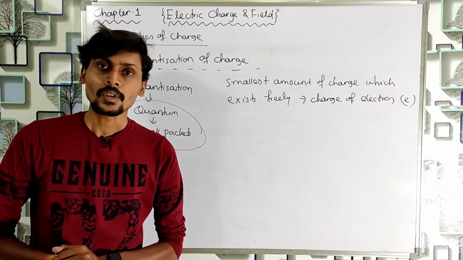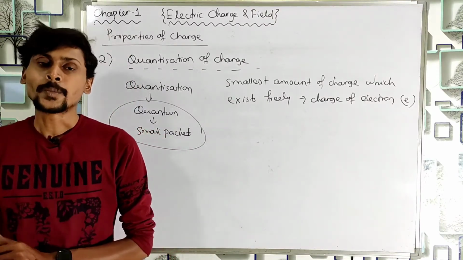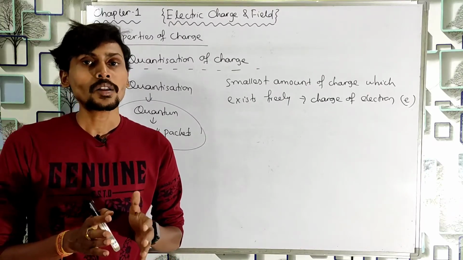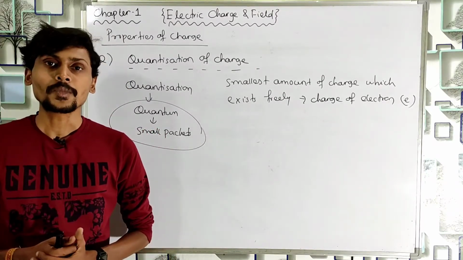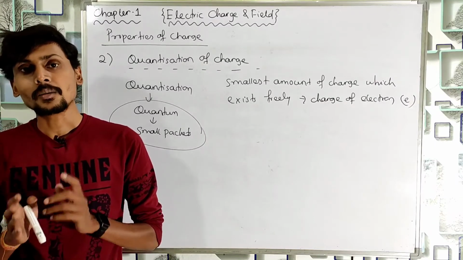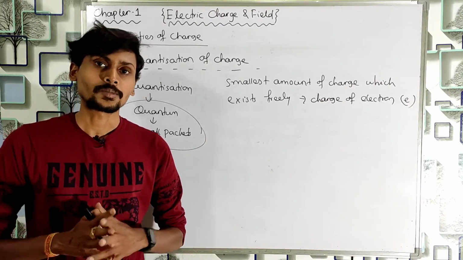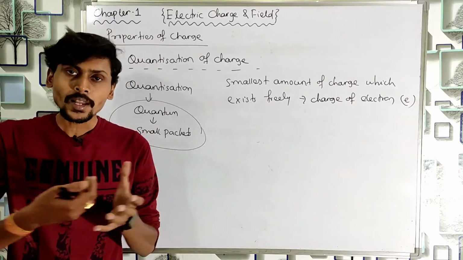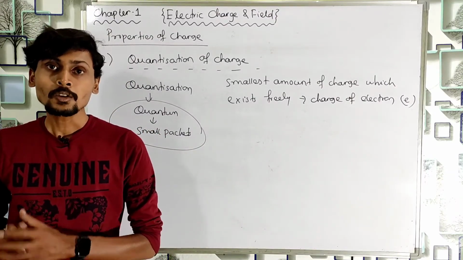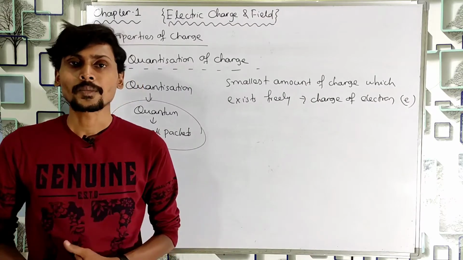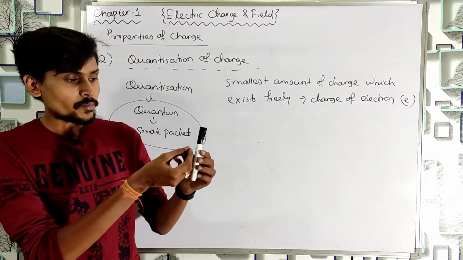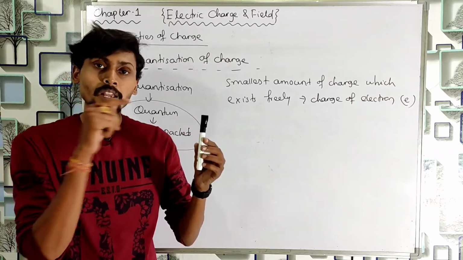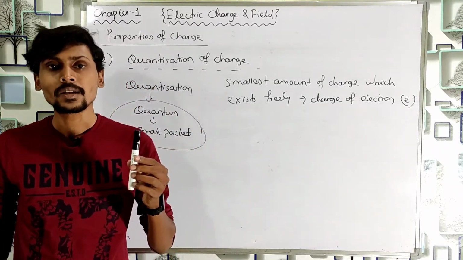Is that clear? So again I am repeating the statement. And how to do it? Either you remove electrons from the body or you supply electrons to the body.